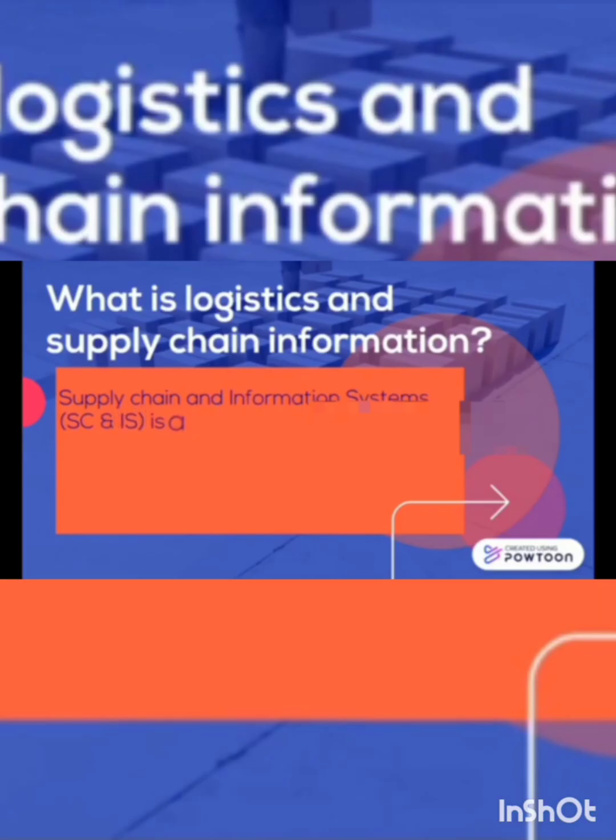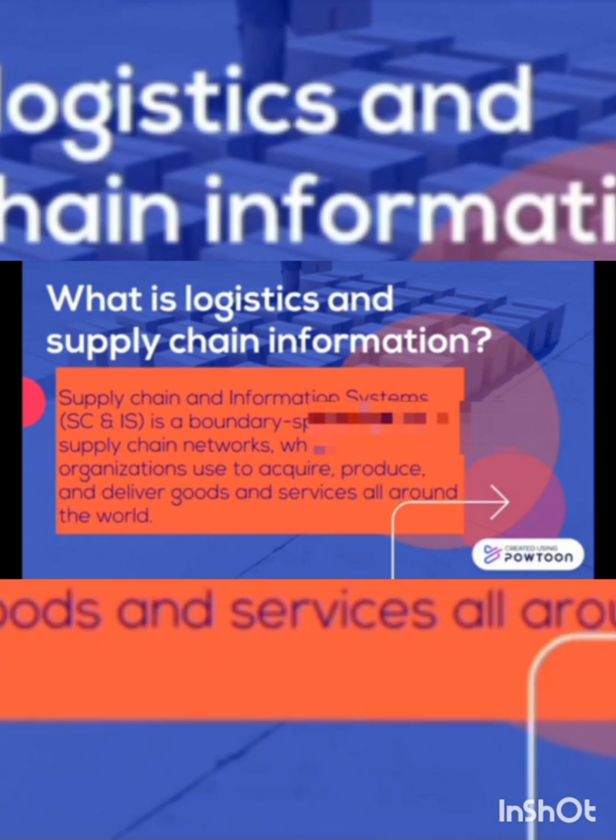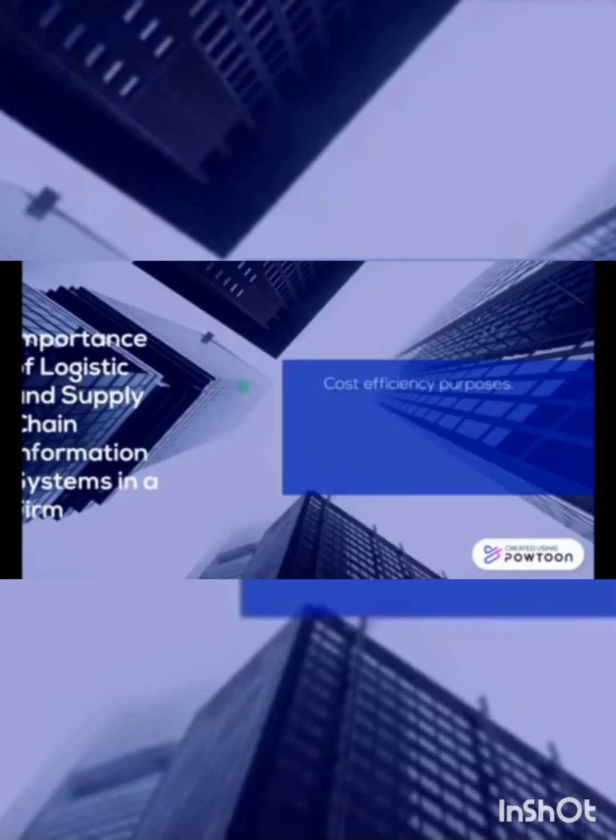So now we are going to look into something called the logistics information system. A logistics information system is a boundary-spanning information system that spans the supply chain network of organizations used to acquire, produce and deliver goods and services in the world.